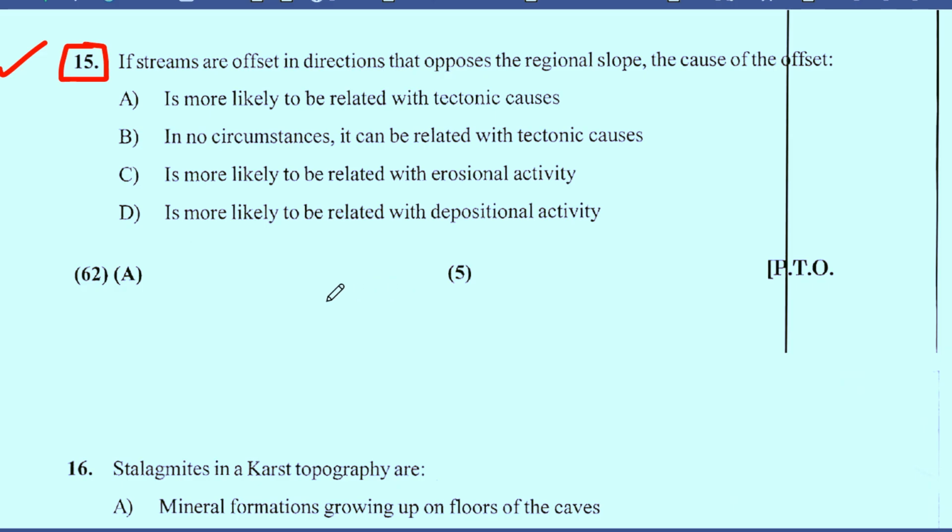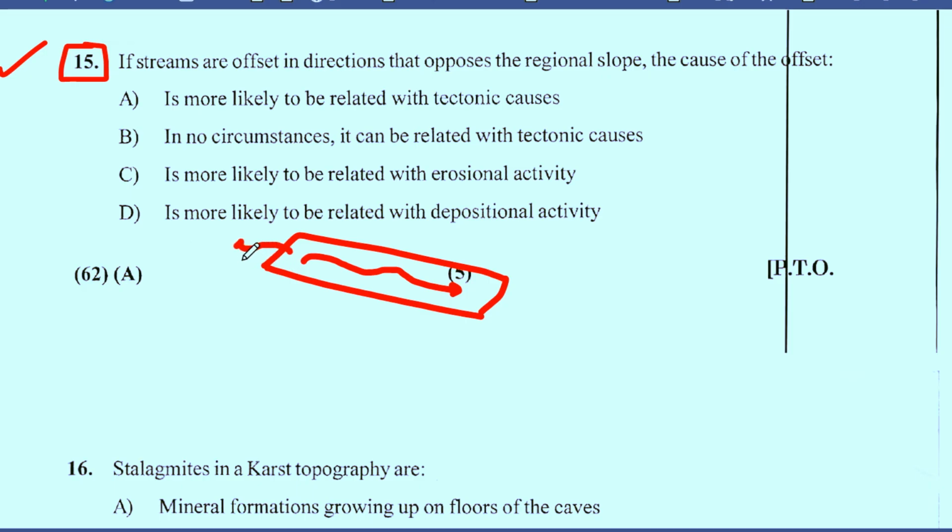Suppose this is our regional slope, the water is flowing like this, and suddenly the water is flowing in the opposite direction. This only happens when there is some tectonic activity, suppose forces from here uplift this area a little bit.